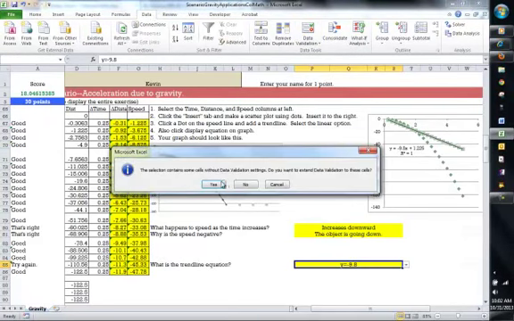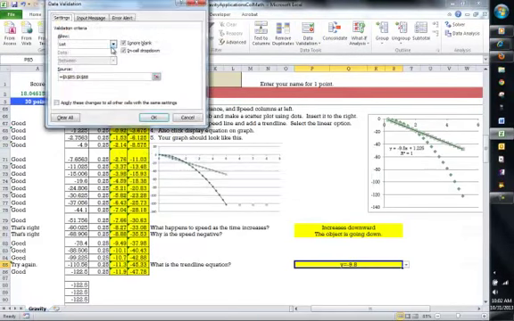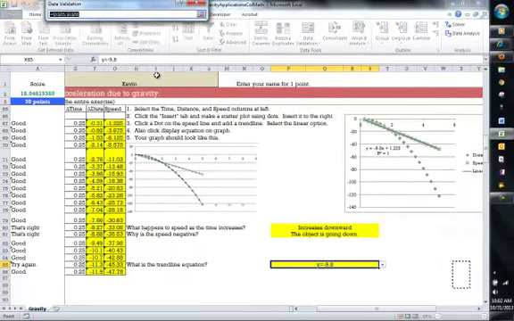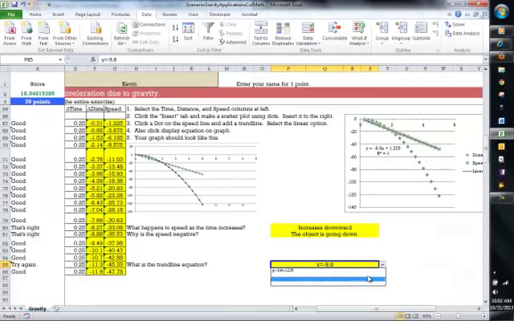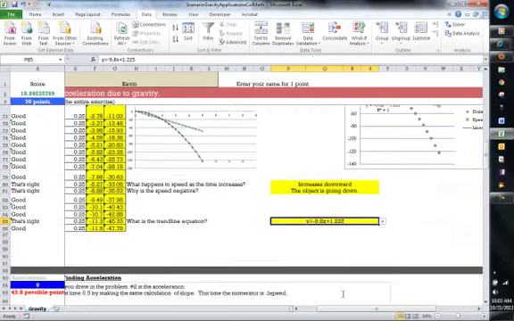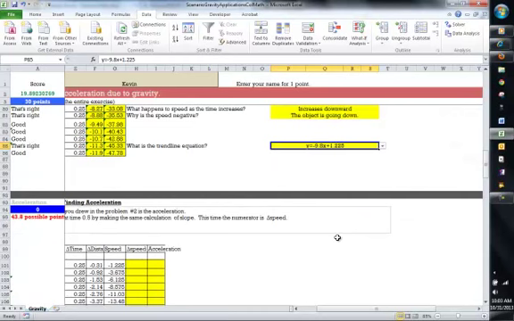I have to allow this data. Okay, W it's supposed to be, not X. There we go. Negative 9.8 x squared plus 1.25 x. All right, next.